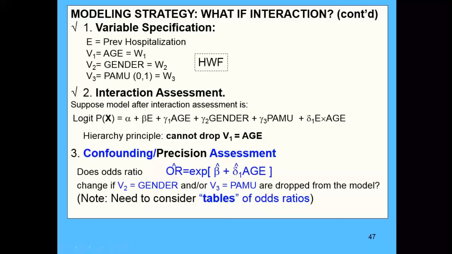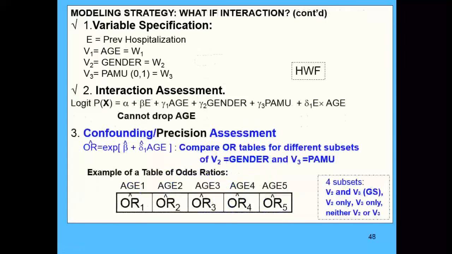To illustrate that, I said, well, suppose we consider different values of age. That's the effect modifier. If we plug different values of age into that odds ratio formula, we'll get a bunch of different odds ratios. For the gold standard model, if we have 5 ages, we'll get 5 different odds ratios that reflect the fact that age is an effect modifier. The odds ratio varies with the different age values.